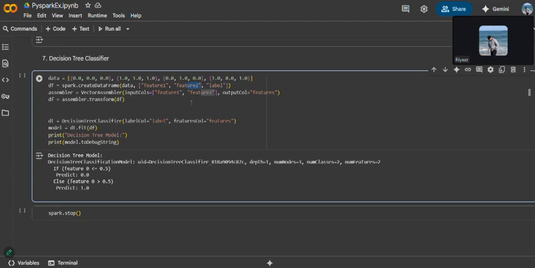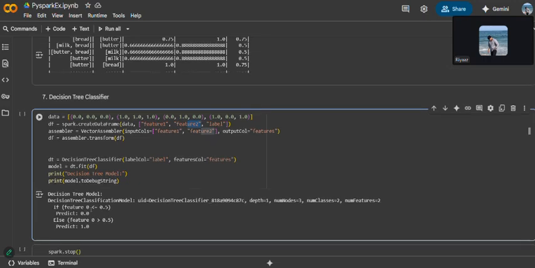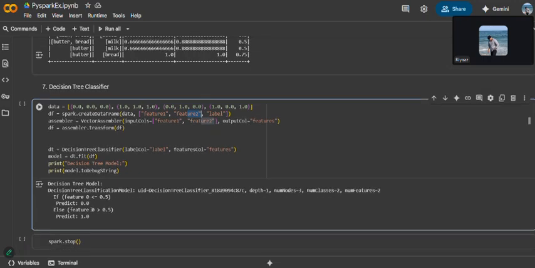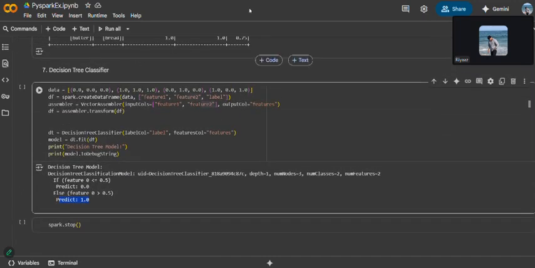The tree stops at depth 1 because it splits perfectly. So the decision tree classification model of depth 1 has 3 nodes. For example, if feature 0 is less than or equal to 0.5, it predicts 0. Else, it predicts 1. So this is our decision tree classifier.